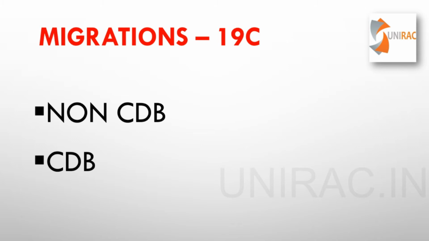Commonly, we use full transportable tablespace. The feature of full transportable tablespace helps us to migrate non-CDB to CDB. We'll be seeing this in an upcoming video, showing how to migrate from a non-container database to a container database using the full transportable tablespace feature, either 19c or 12c, whatever version, but to a container database.